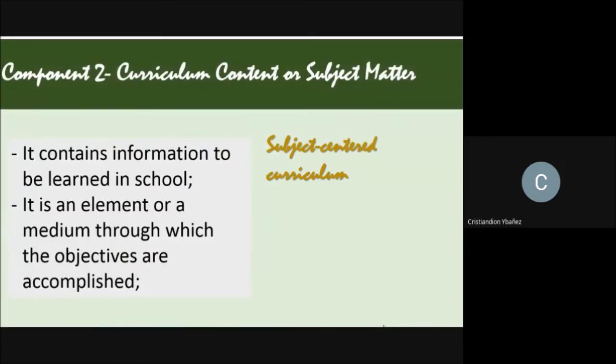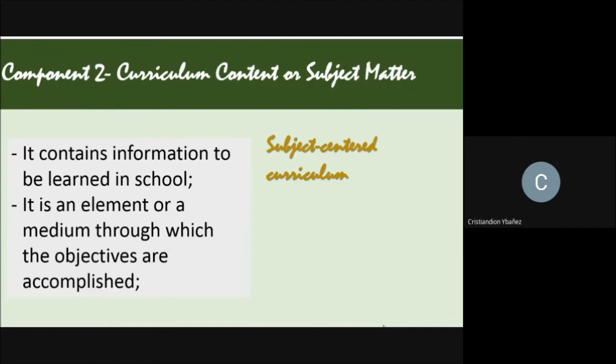Next component of the curriculum is the curriculum content or the subject matter. All curricula have content regardless of their design, regardless of their models. Content is more than simply information to be learned in school. It is an element or a medium through which the objectives are accomplished.